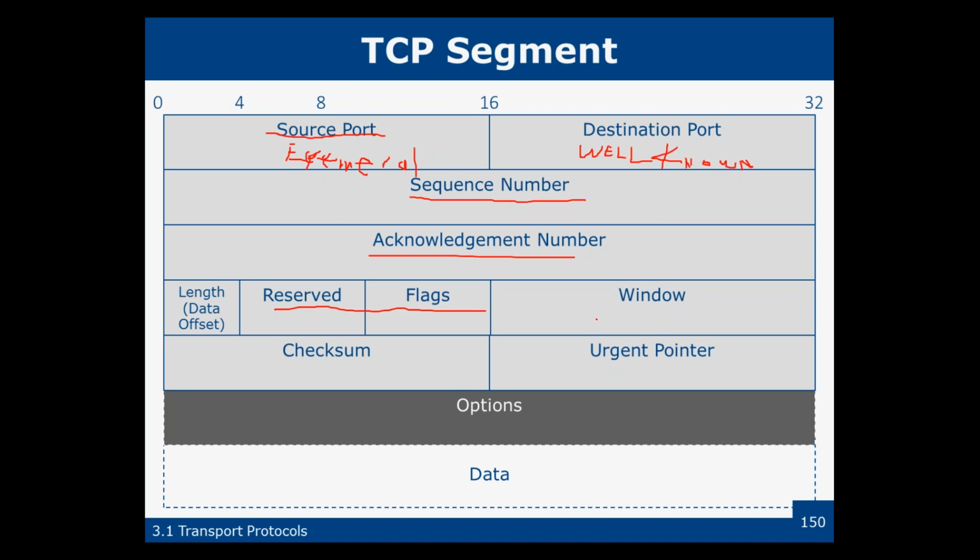The window is the amount of data the host is willing to receive before sending another acknowledgement. How much data can we send at once? One of the things that slowed down wireless until we got to the 802.11n standard was that wireless required each packet to be acknowledged, instead of being able to acknowledge a whole bunch of packets.